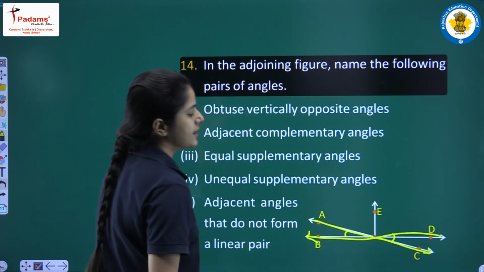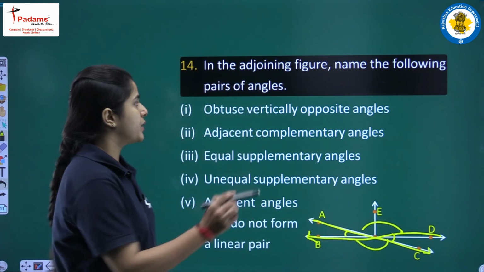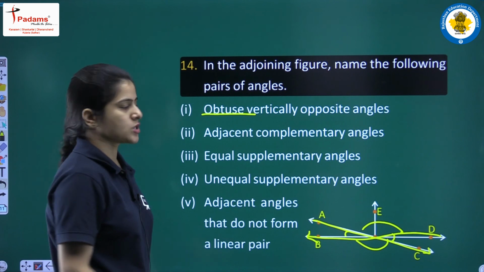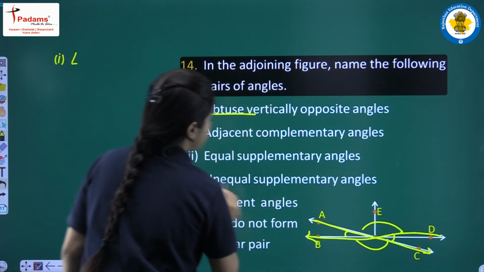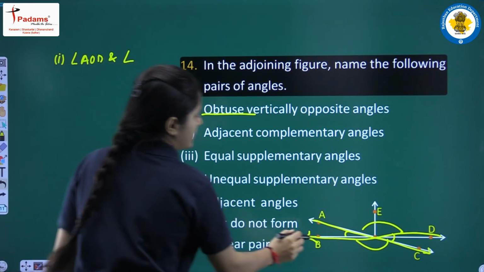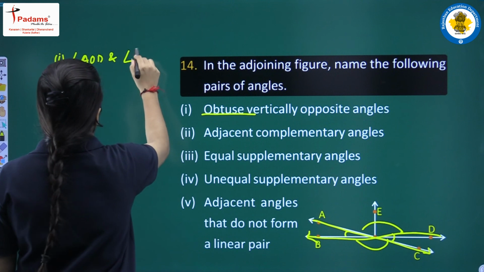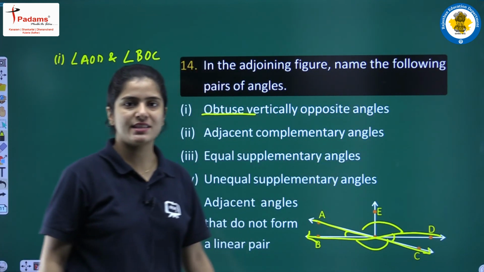This one is a vertically opposite angle and this complete angle is a vertically opposite angle. So we are to mention the obtuse ones. First part, angle AOD and angle BOC. These are obtuse vertically opposite angles, okay students.